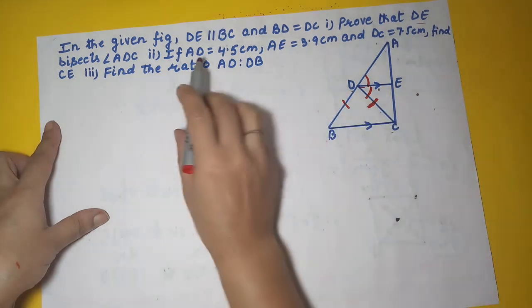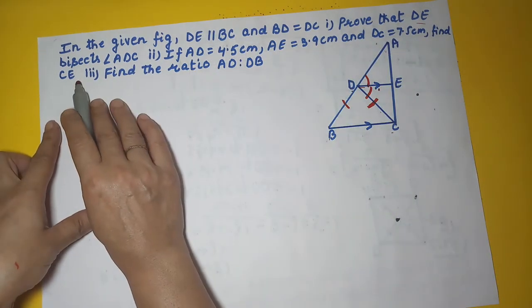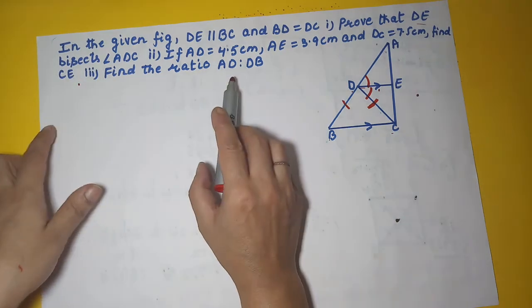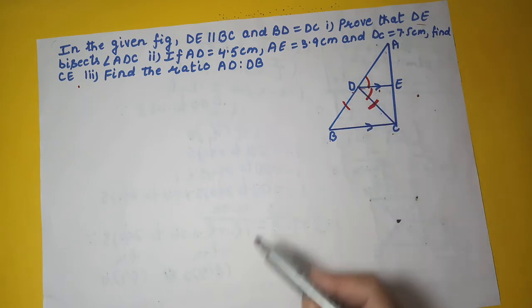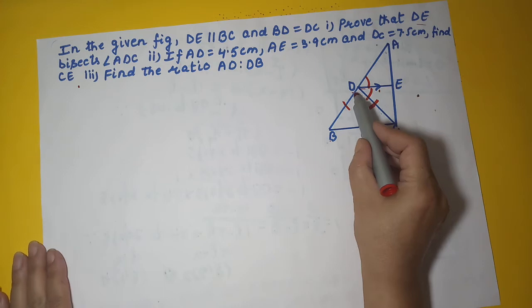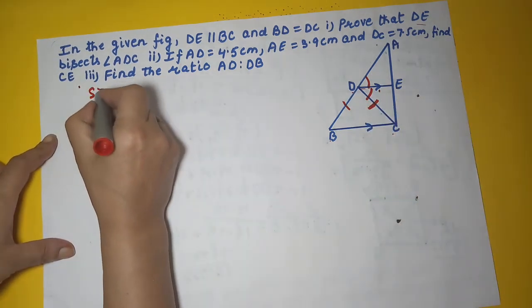After that, the measurements are given and we have to find CE, and also we have to find the ratio AD is to DB.